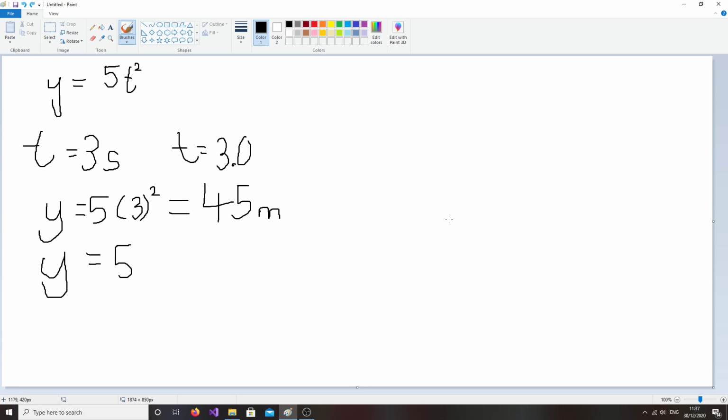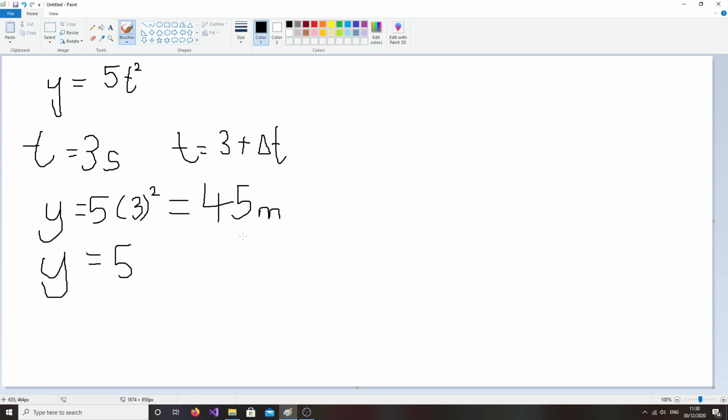Now let's say instead of t equals 3.01, let's put a unit there. So 3 add a small difference in t, so delta t basically.